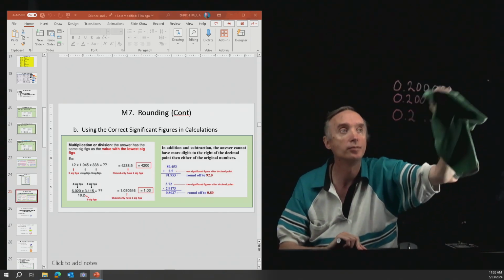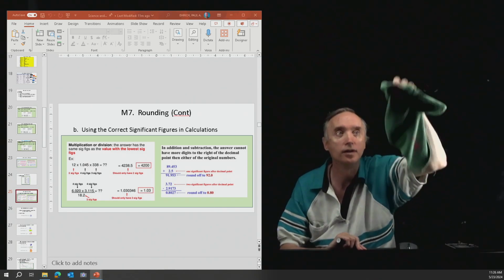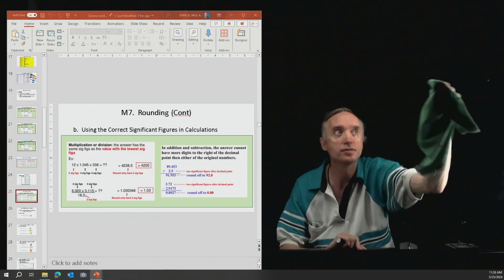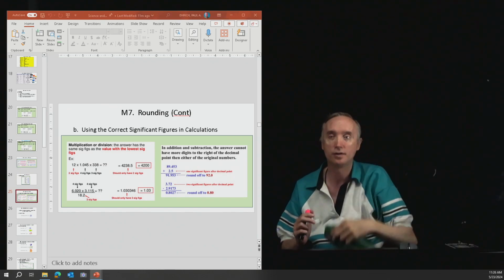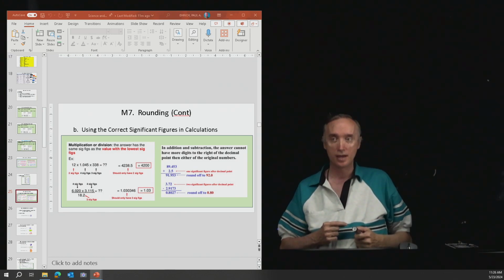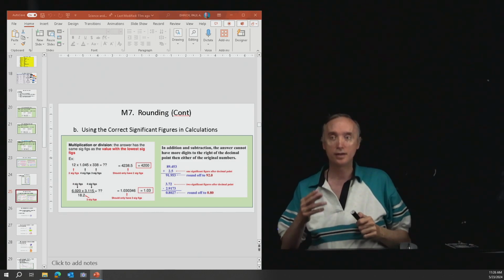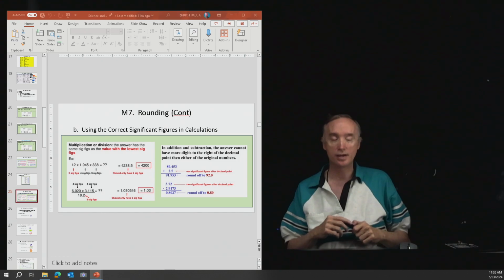And so you are going to be multiplying three numbers together, but the problem is that they have different numbers of significant figures. So the 12 has two significant figures, and then the 1.045 has four significant figures, and then the 338 has three significant figures.